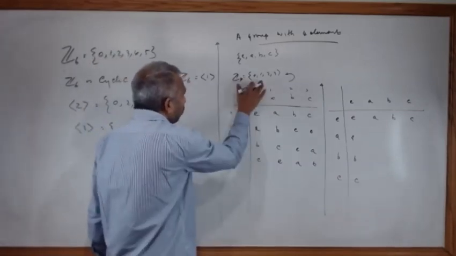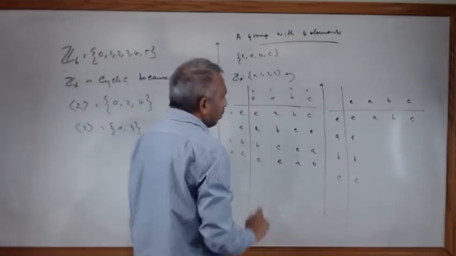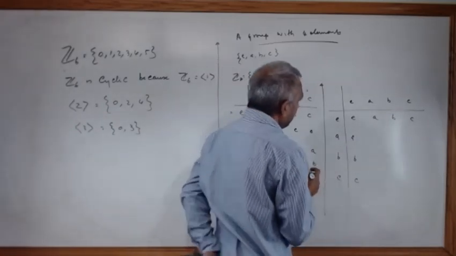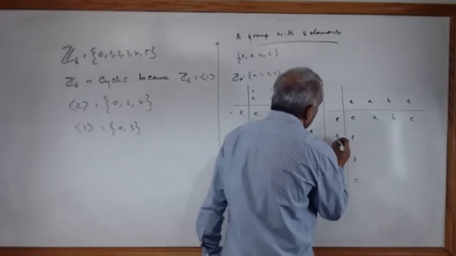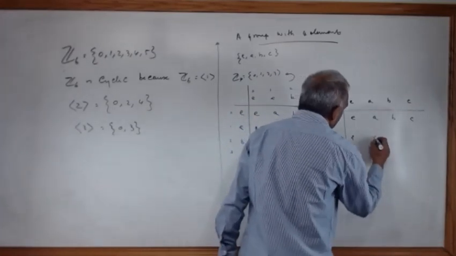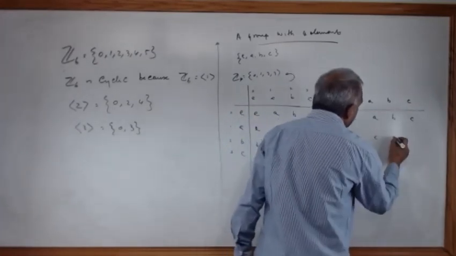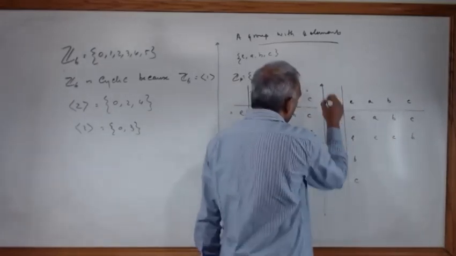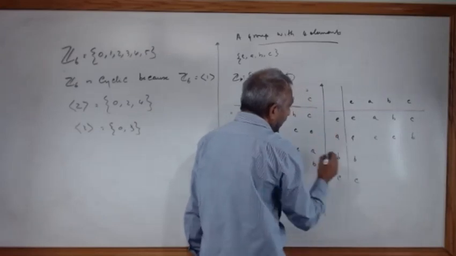But there is another group sitting here. That is, A squared is E, AB is C, AC is B. Both are commutative groups, but there is a difference here.